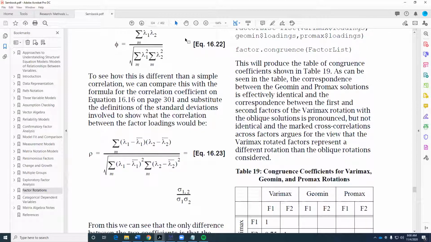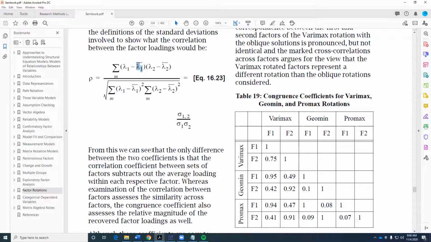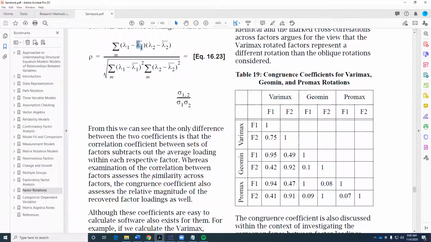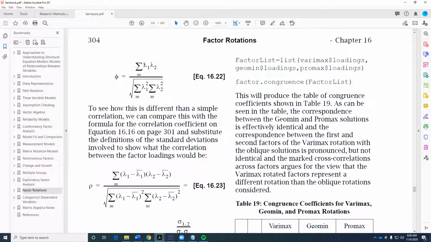So the difference between a congruence coefficient and a correlation coefficient is that if I were calculating a correlation between two sets of factors, I would be subtracting out the average factor loading across all the variables. And that's not done in the congruence coefficient. So, it's similar, but in addition to looking at the similarity, it also takes into account the relative magnitude of your loadings as well. So for example, if you have a 0.8 loading and the average loading across all the variables is 0.3, the correlation coefficient would take that into account.